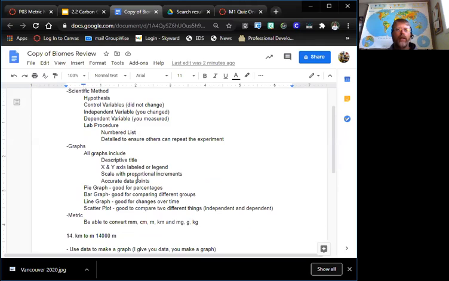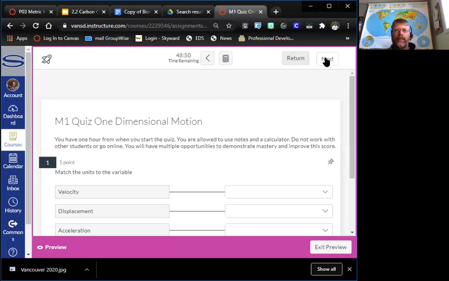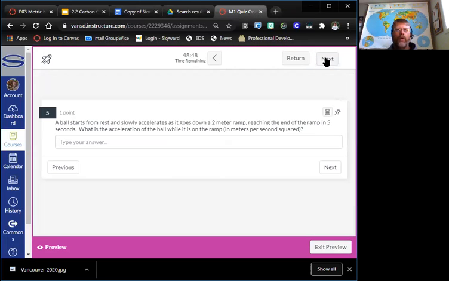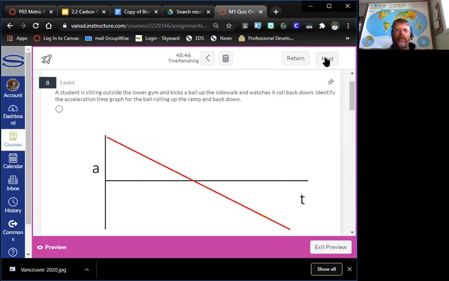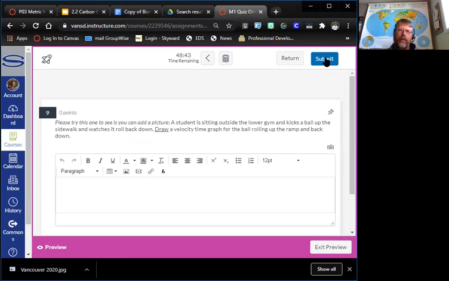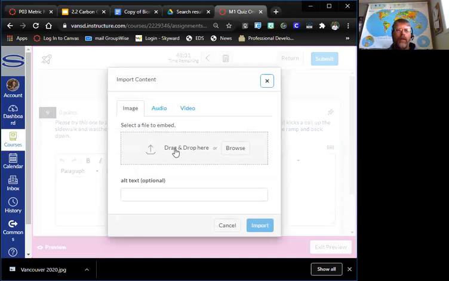Then we had a couple different assignments about graphs. I'm going to be asking you to make a graph. And a little side note, I'll go over it again at the beginning of class: when I ask questions on Canvas that are not multiple choice and not typing things down, and you need to draw something like a graph, then you're going to come in here and put in your image.